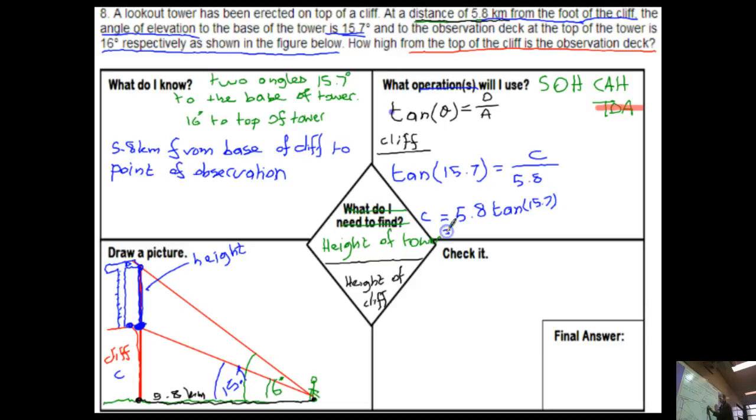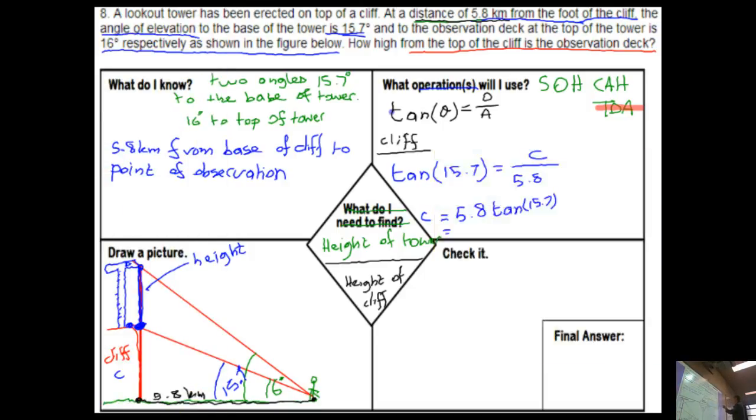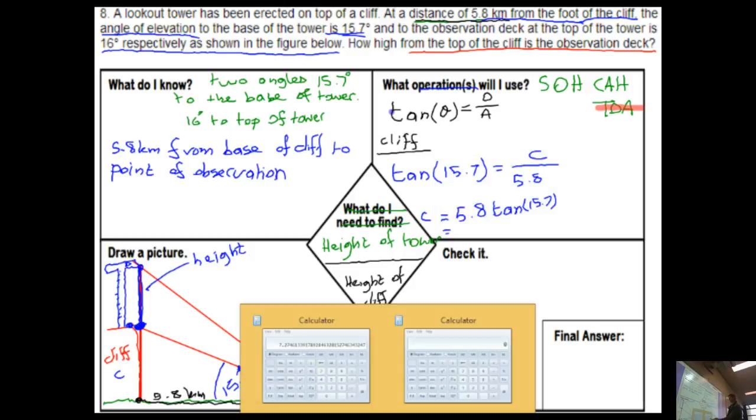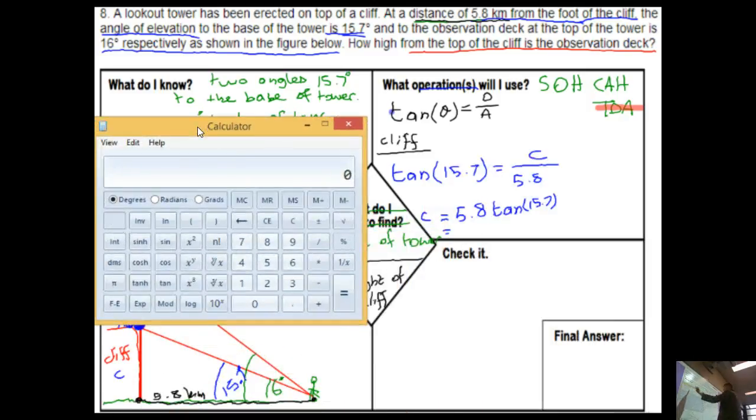So, I whip out my calculator. And I'm doing something like 5.8 times 15.7. Try that again. 5.8 times 15.7. Tan of that angle.